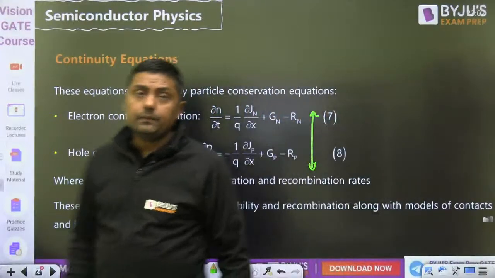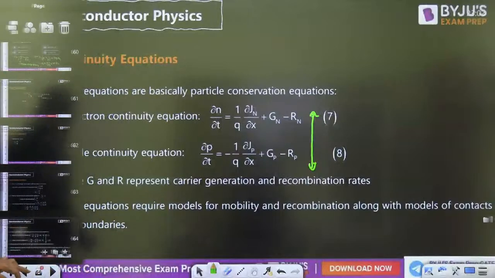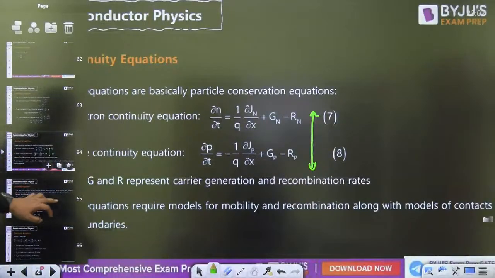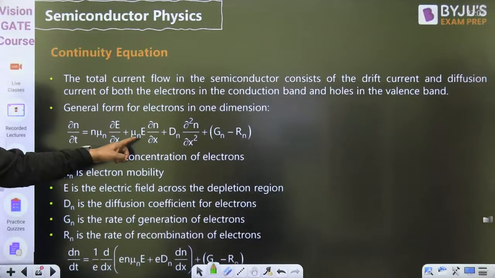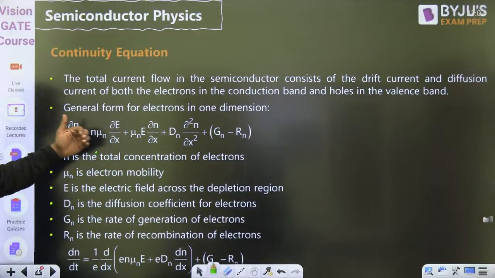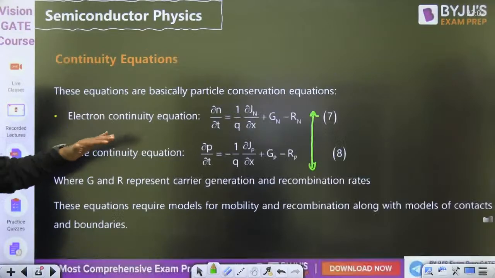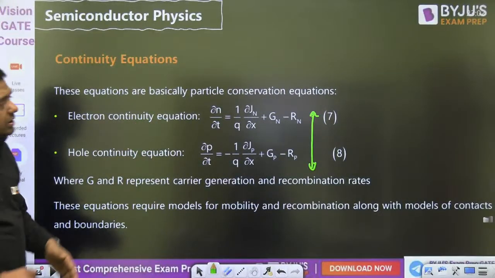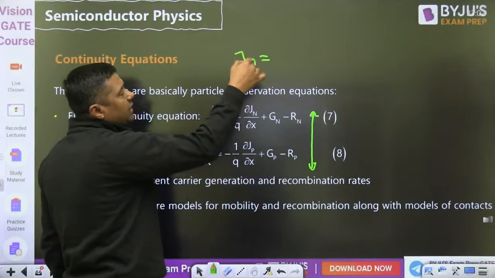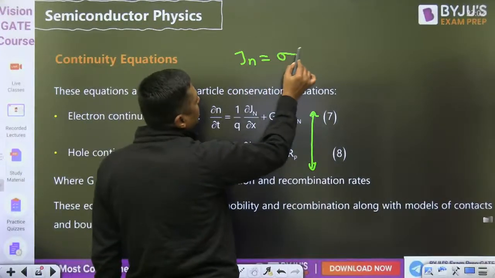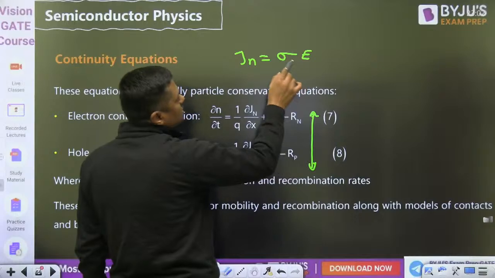Using the continuity equation you can solve in more detail. That is the continuity equation: dn/dt equals n mu n dE/dx, plus mu n E dn/dx. From where are we getting this formula? From the same formula, but simply you can replace Jn by drift plus diffusion current density. What is the drift current? J equals sigma E. This is the drift current.